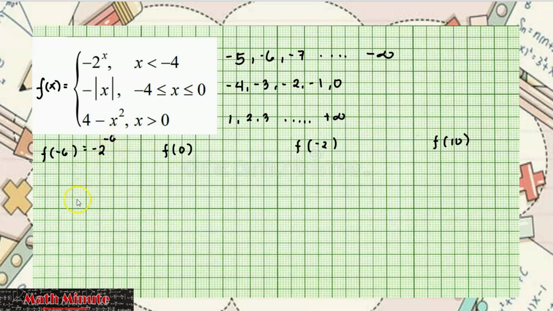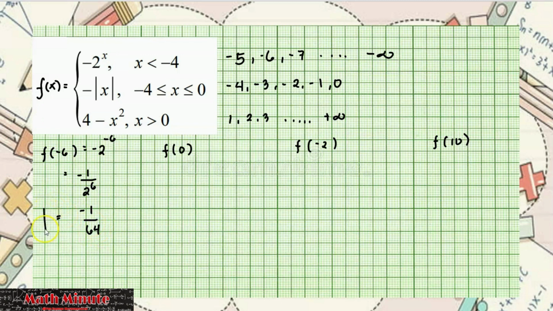Whenever you have negative exponents, what you need to do is to get the reciprocal to make it positive. So meaning this will be negative 1 over 2 raised to 6. And this will be equal to negative 1 over 64.